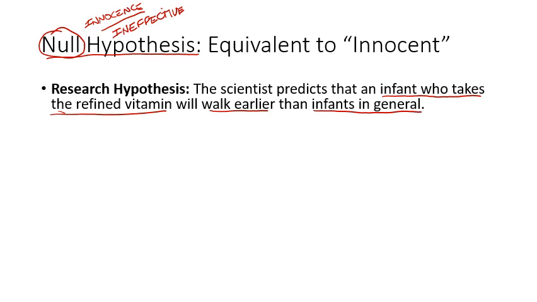So this is not the null hypothesis. This is the research hypothesis. This is what the scientist is researching and what they are hoping there will be some evidence to support. Just like the prosecutor assumes the suspect is innocent, but tries to find evidence that the suspect is guilty.